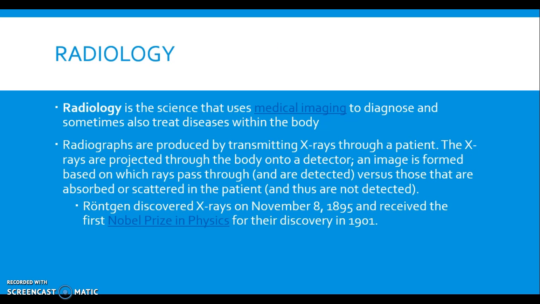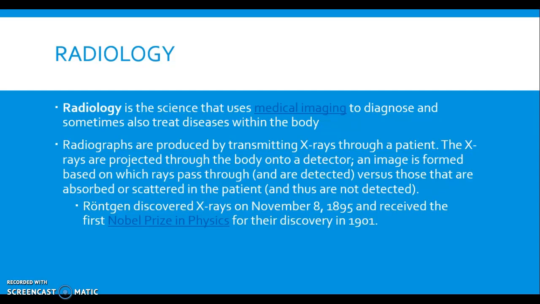Radiology was the original diagnostic imaging modality. It's the science of using ionizing radiation in order to penetrate the patient. In 1895, on November 8th, Röntgen actually discovered the unknown ray, which is why it's called X-ray, kind of like the X in algebra, because it's unknown.